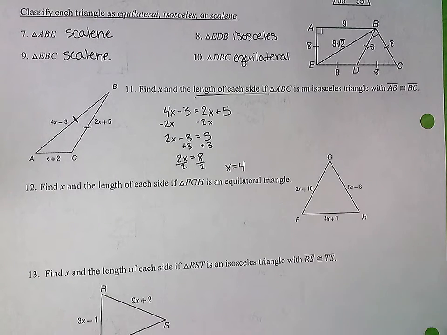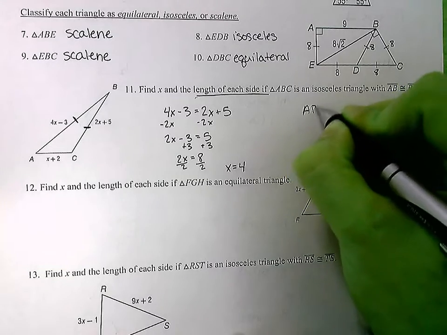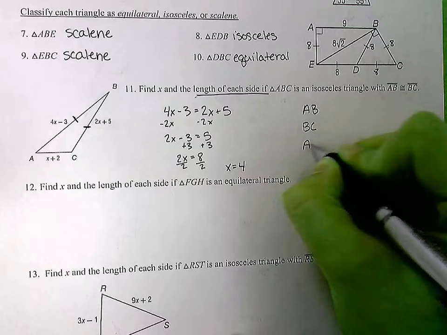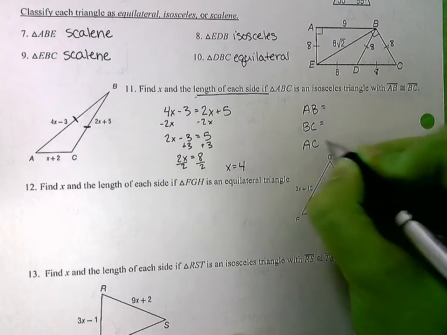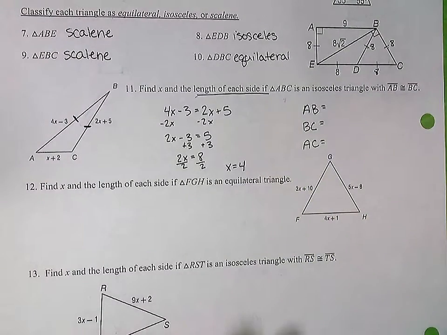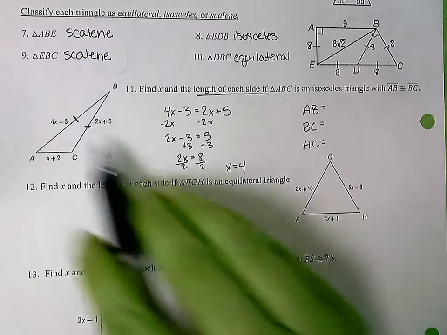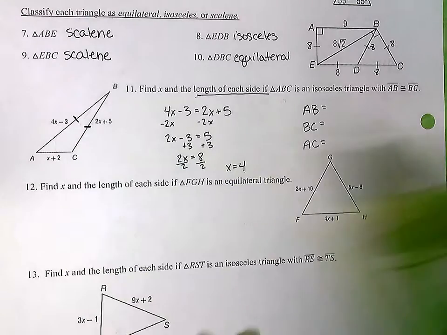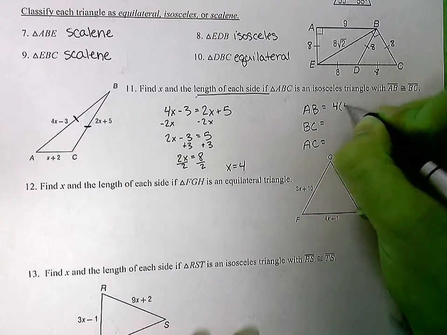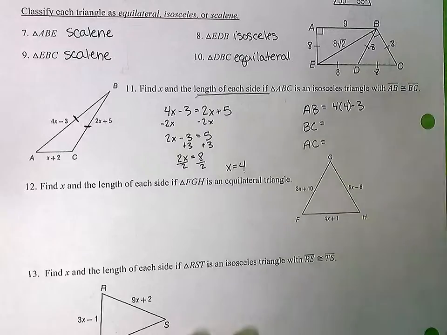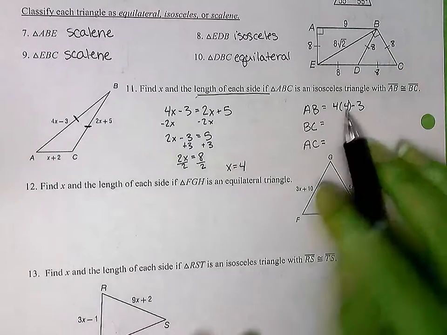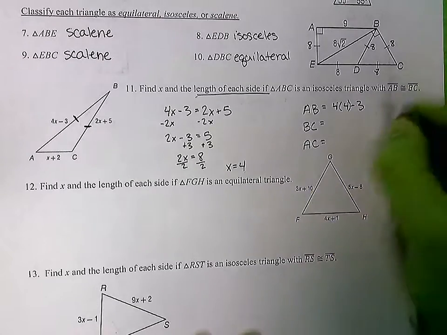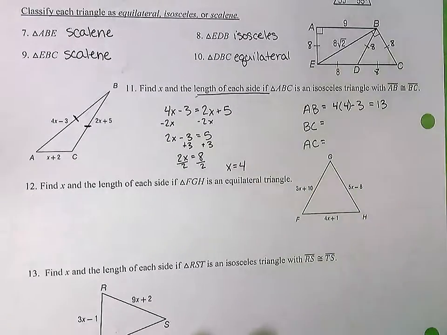Okay, so I need to find the length of AB, of BC, and of AC. Okay, so I'm going to plug in 4 for x in each of those sides. Okay, so if I have 4 times 4 minus 3, plugging in 4 for x, I have 16 minus 3, that's 13.